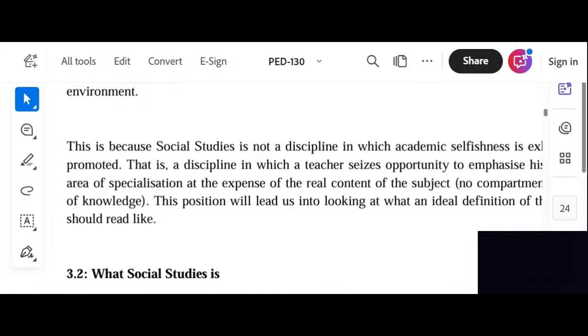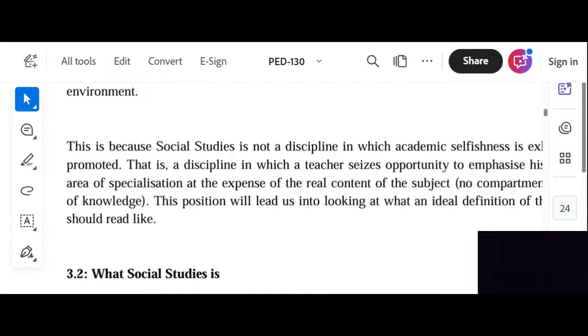Now that we know what social study is not, let me give you an icebreaker so that it doesn't look like I'm the only one talking. I want you to give two wrongly perceived definitions of social studies.